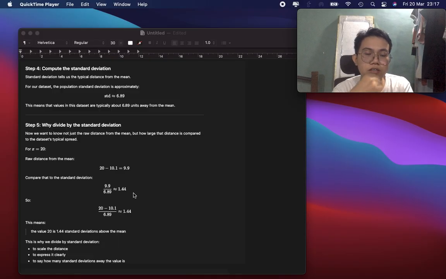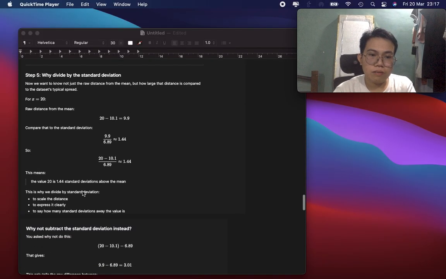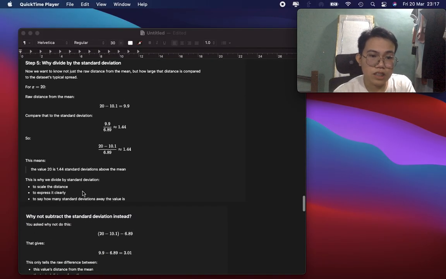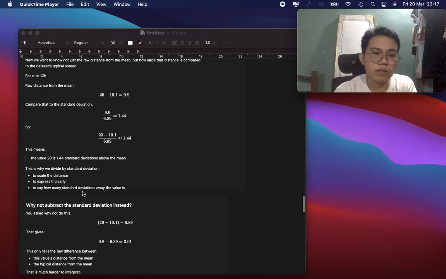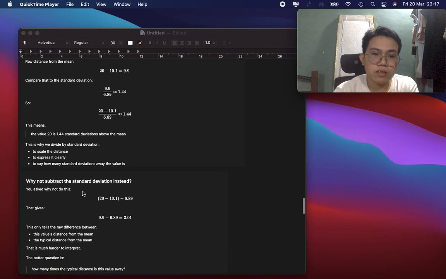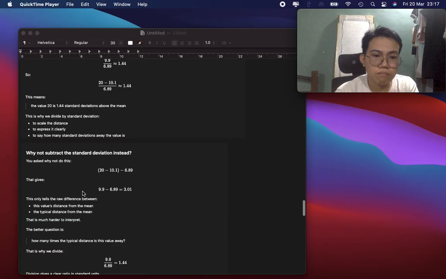So it means this specific value x of 20 is equivalent to 1.44 standard deviations above the mean. This is why we divide by the standard deviation: to scale the distance, to express it clearly, to say how many standard deviations away the value is.